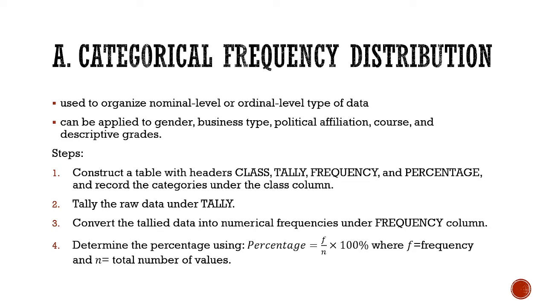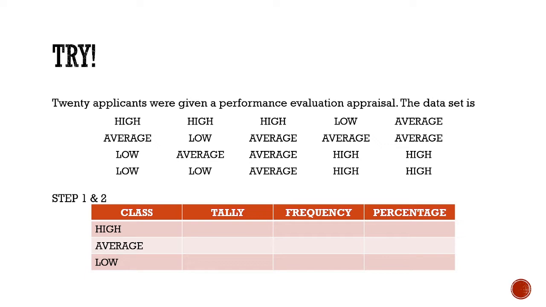By just seeing these steps, we cannot simply understand the categorical frequency distribution this way. So I have here a sample. 20 applicants were given a performance evaluation appraisal, and the data set is this. So we have here our table.